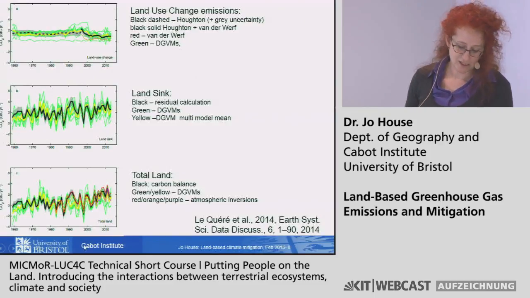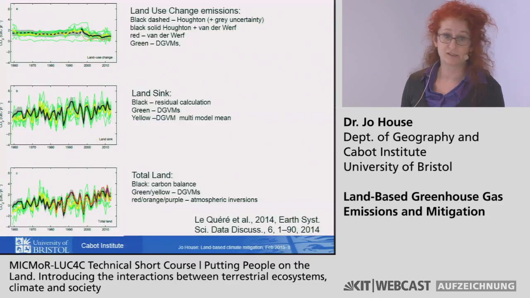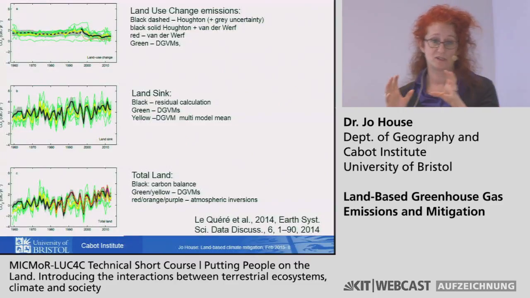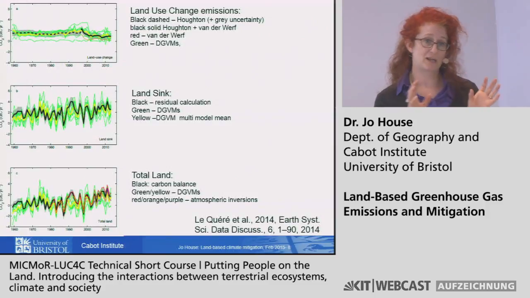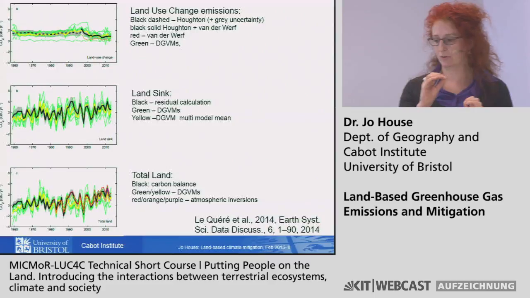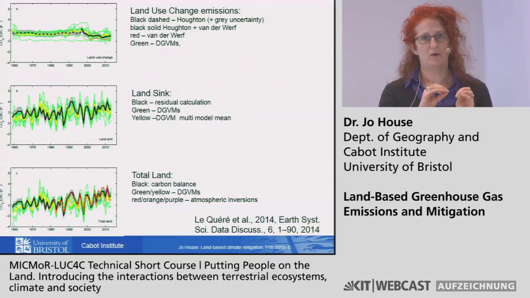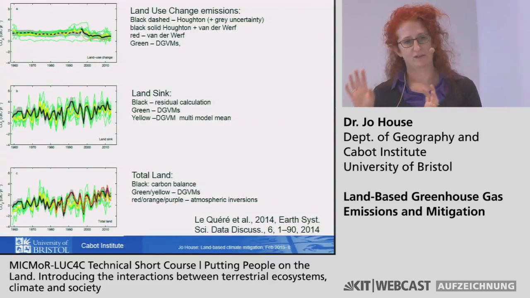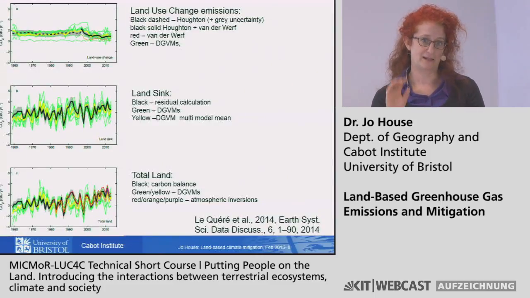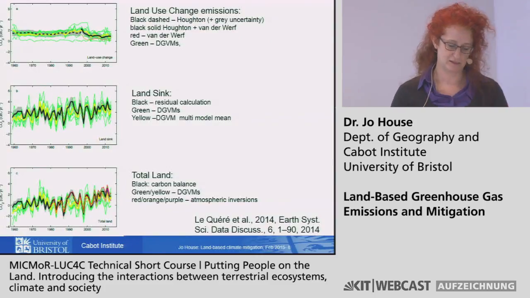But interestingly, this year we've managed to look at another direct method of calculating the land uptake, and this is using atmospheric inversions. The idea is you're measuring carbon dioxide in the atmosphere, at the same time you're measuring oxygen, and you can use the combination of the two and of other tracers to determine what amount of CO2 is taken up by the ocean and what amount is taken up by the land, and to also look in different places to distribute that.